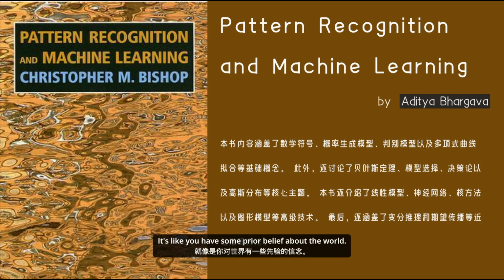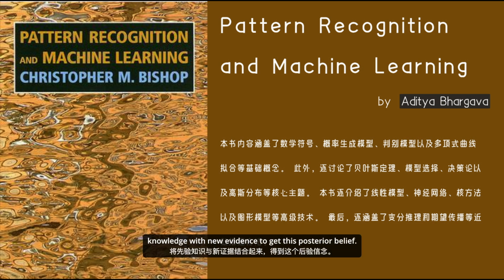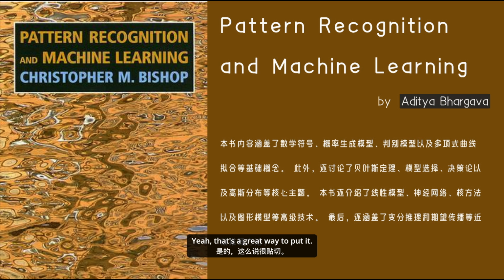It's like you have some prior belief about the world, and then you refine that belief as you gather more evidence. And so Bayes' theorem provides this mathematical recipe for combining your prior knowledge with new evidence to get this posterior belief. So it's like starting with a rough sketch and then adding more details and refining the picture as we get more information. Yeah, that's a great way to put it.